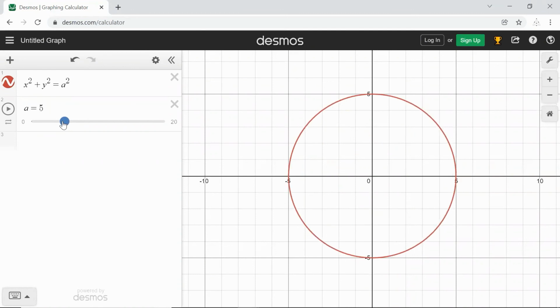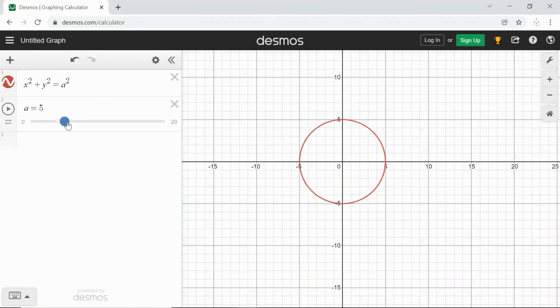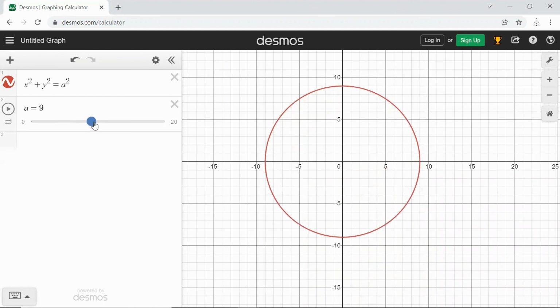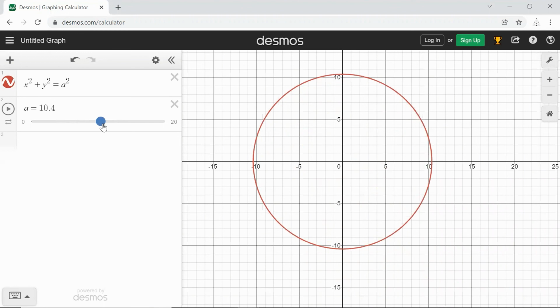But if I start with a circle of radius, let's say 10, if I want to increase the area of that circle by 16 square inches, I might only have to go up just a little bit because it just covers a lot more distance.